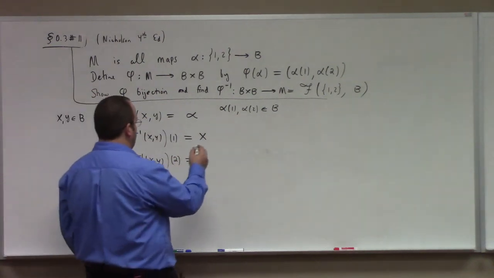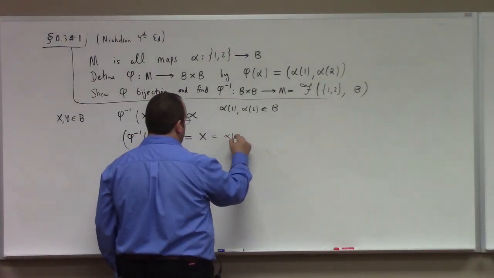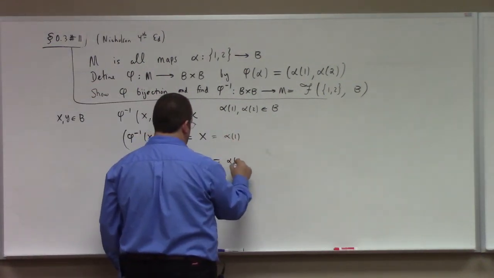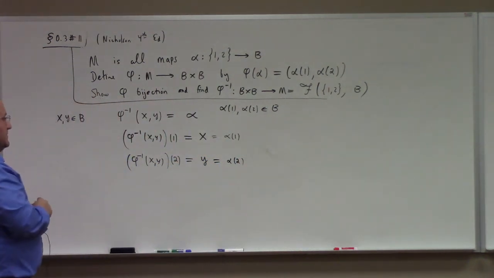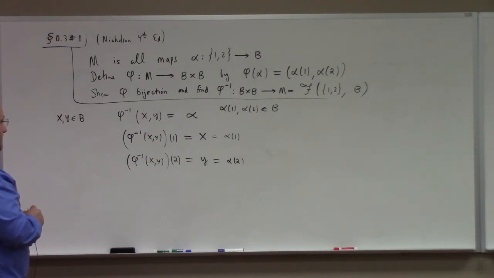I'm using two different notations for alpha. What I'm saying is if you plug in x for alpha 1, the only thing you can get when you evaluate that at 1 is x. That's why it's unique, because it can't be y, because that was alpha 1.